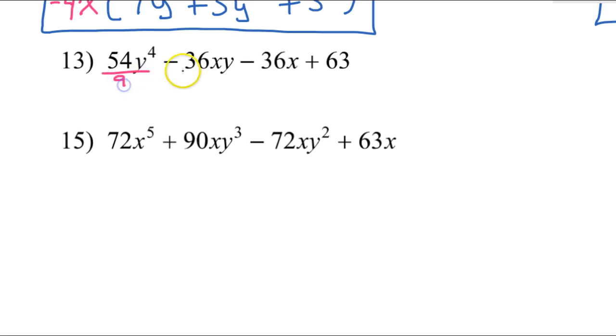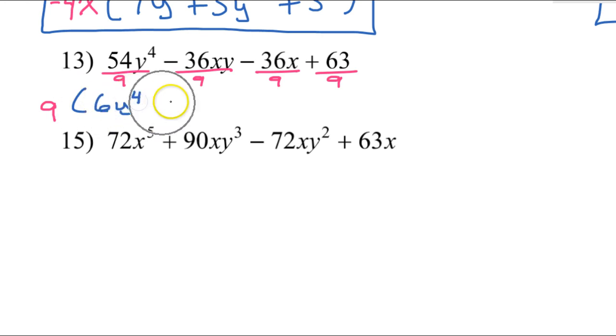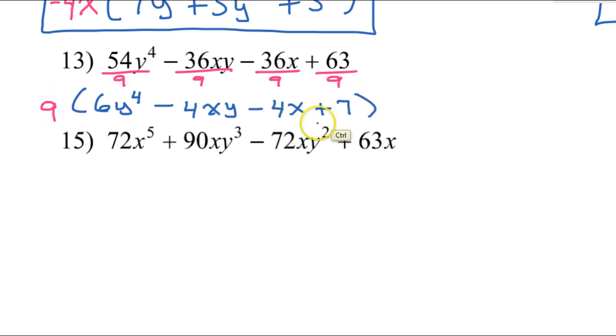So let's go ahead and divide everything by 9 and see what we get. Okay, so I'm going to put that 9 out in the front. So that's going to give us 6y to the 4th power minus 4xy minus 4x plus 7. Okay, so that is going to be the answer to number 13.